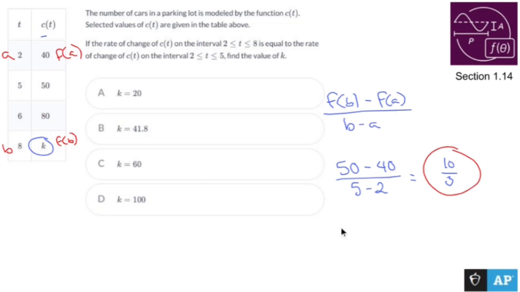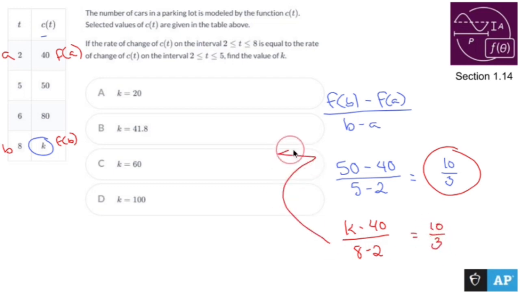So f of b minus f of a is going to be k minus 40 over b minus a, which is 8 minus 2. What do I know about this average rate of change? Well, it's the same as the other, which means it's going to equal 10/3.